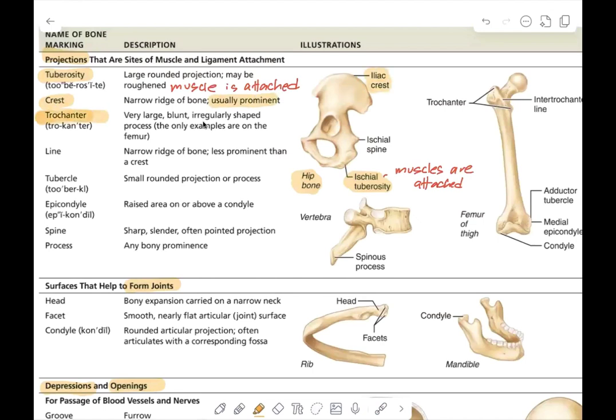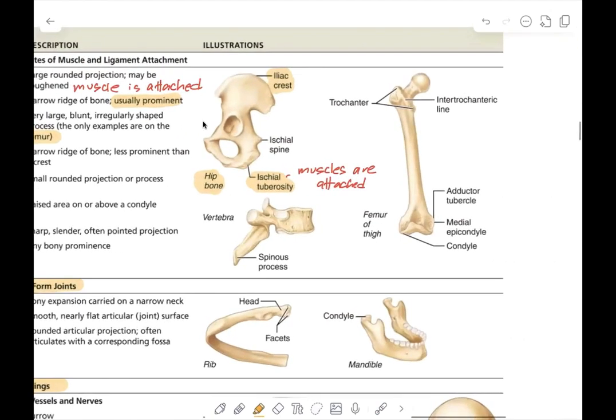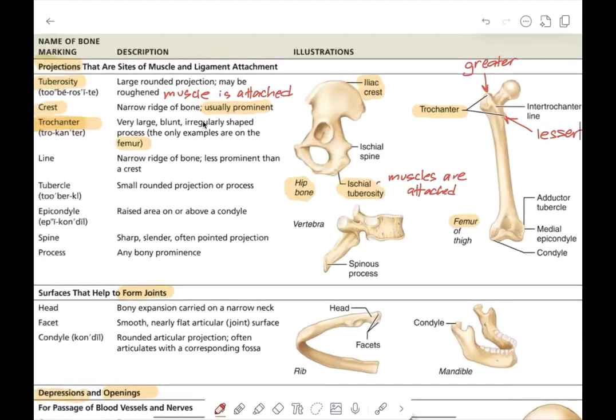Trochanters, which are found primarily on the femur. So we can see a couple of trochanters here. This would be the greater trochanter, and this would be the lesser trochanter.